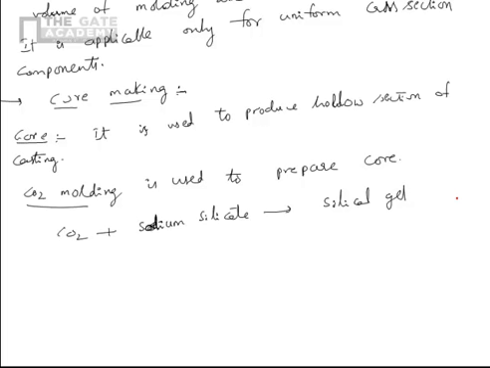The strength of CO2 molding is due to the chemical reaction between the CO2 and sodium silicate, and it does not last for a longer time. The strength of CO2 molding lasts for a few hours only.